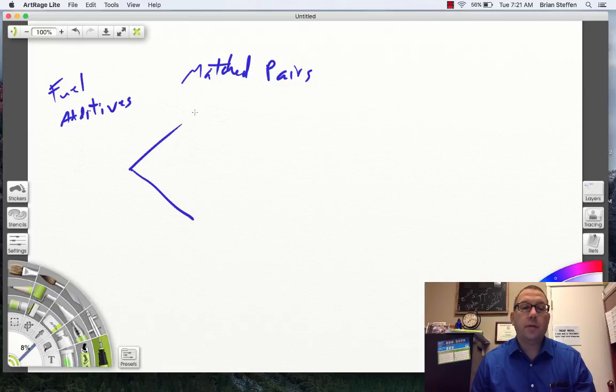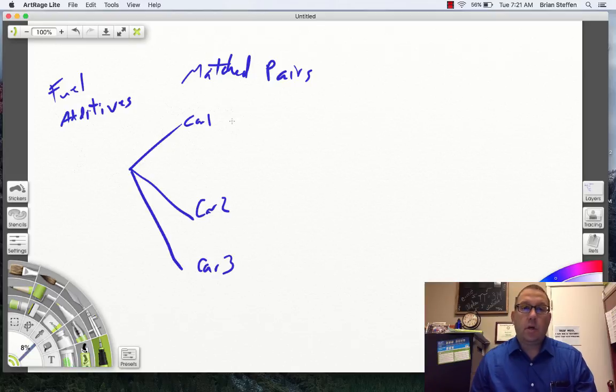So with matched pairs, I'm going to take a car and drive it under normal conditions. Here we have car 1, here car 2, and here car 3, etc., for replication purposes.